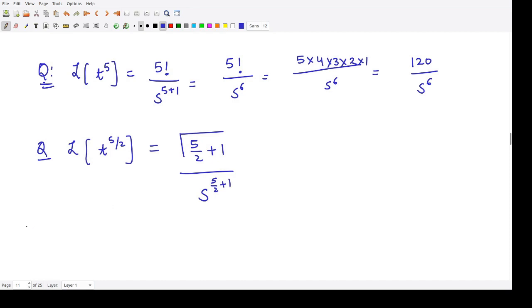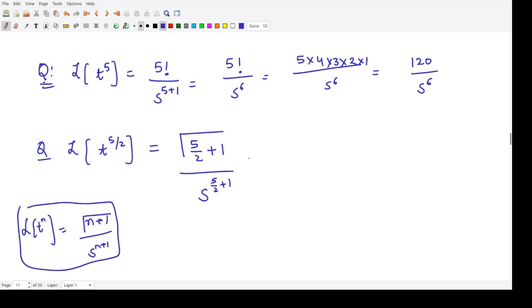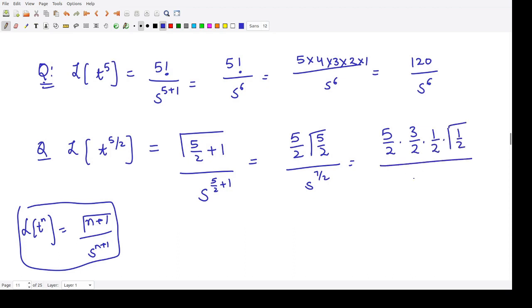The formula was the Laplace transform of t to the power n equals gamma of n plus 1 divided by s raised to power n plus 1. So we have used this formula here. So this becomes 5 by 2 into gamma of 5 by 2, divided by s raised to power 7 by 2. You can further simplify this: 5 by 2 into 3 by 2 into 1 by 2 into gamma of 1 by 2, divided by s raised to power 7 by 2.